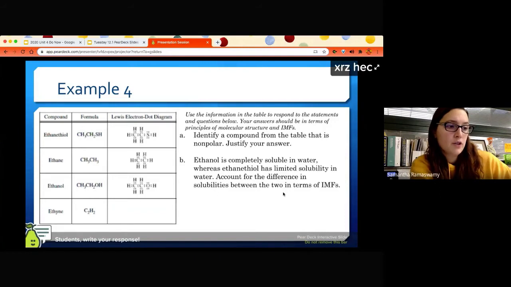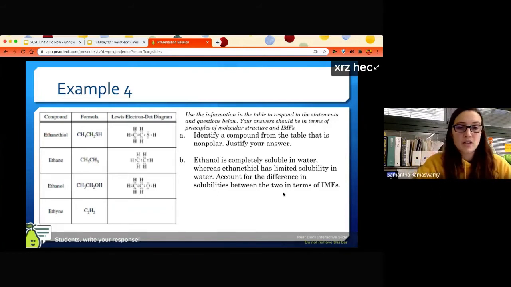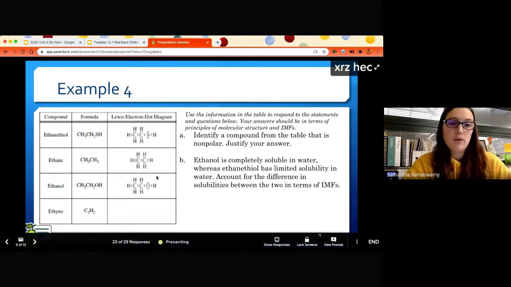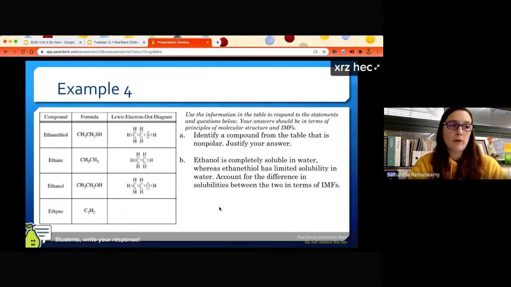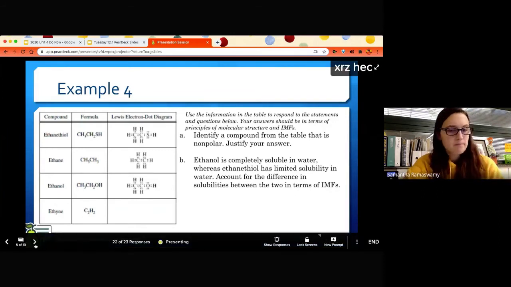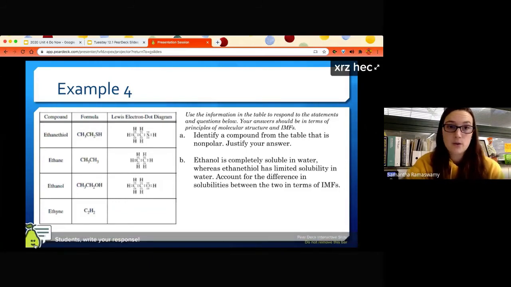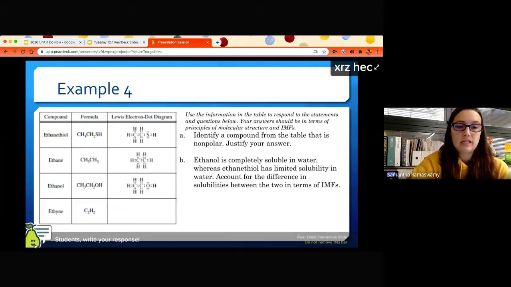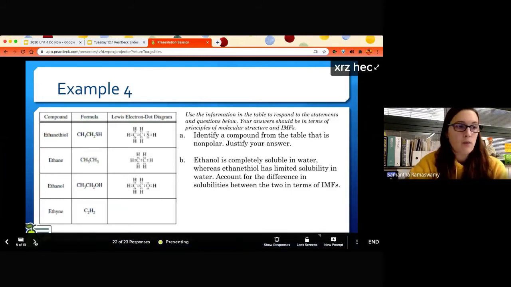The other one that you could have chosen for the exact same reason was ethyne. Both ethane and ethyne, CH3CH3 and C2H2, are both nonpolar. Whichever one you picked, those are both nonpolar because of the structure itself.